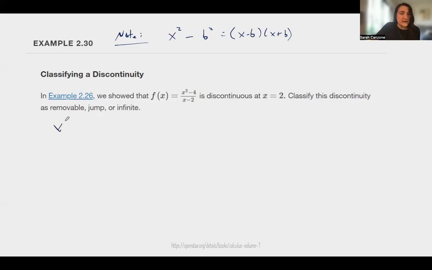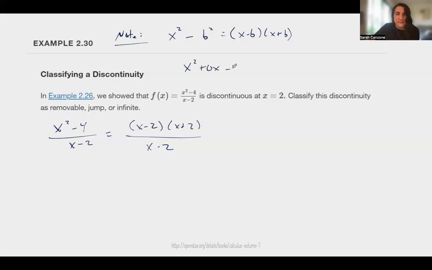So we will say x squared minus 4 over x minus 2 is x minus 2, x plus 2 over x minus 2. If you don't remember that trick, you could just put in that there are 0 x's here, minus 4, and then use the typical method of two numbers that multiply to -4 but add to 0, which would be -2 and +2, which gives you the same exact answer. So this is just two ways of doing the same thing.